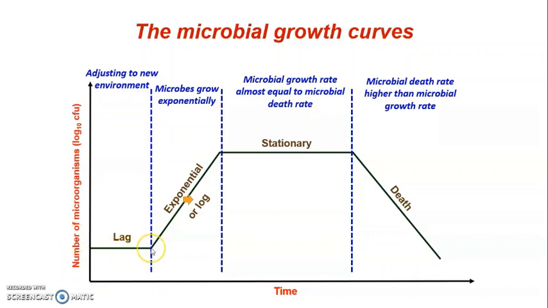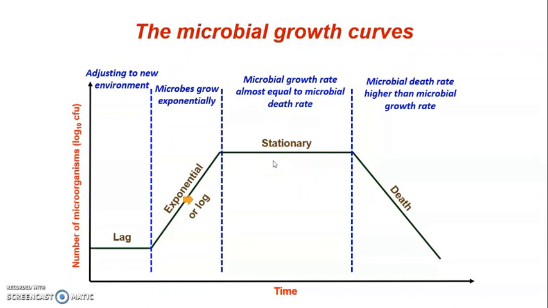After some time, for example, if you leave a cup of milk at ambient temperature, the microbes will start to grow exponentially. They will increase to a very high level until the nutrients start depleting. When that happens, the microbes enter the stationary phase, where the microbial growth rate is almost equal to the microbial death rate.